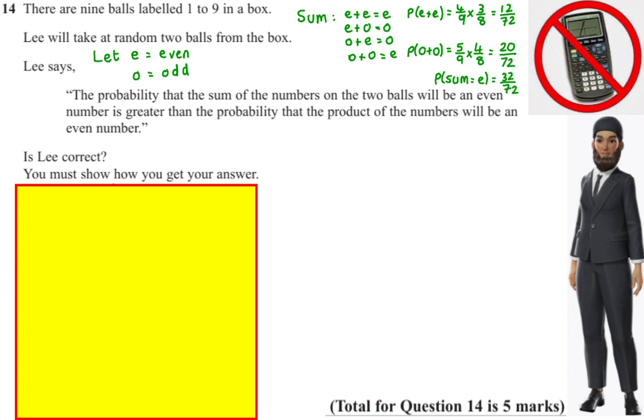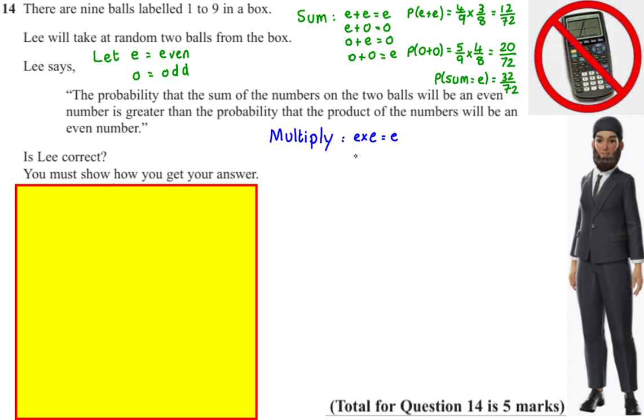Right, let's focus on the next part then, the multiplication. Let's have a quick look. If you multiply an even by an even, you end up getting an even.